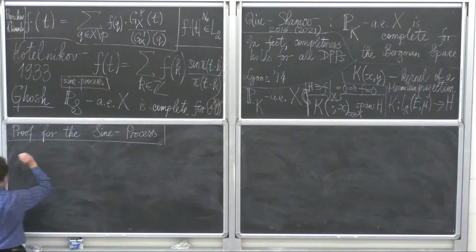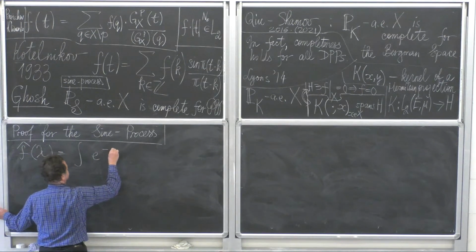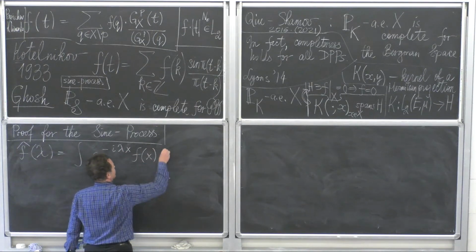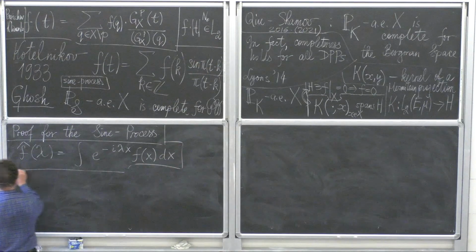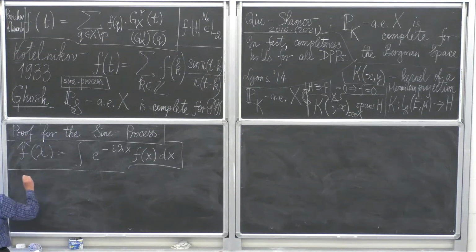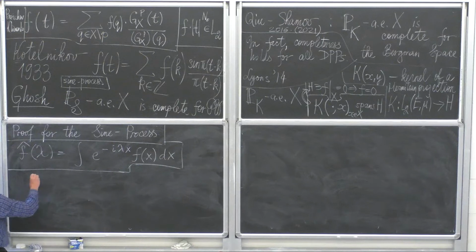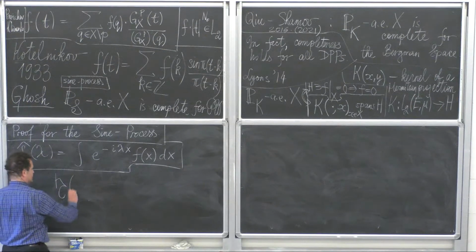Let me just say that the convention I use for the Fourier transform is the following. Given a function h, I would like to assign to it a continual analog of a Hankel operator.